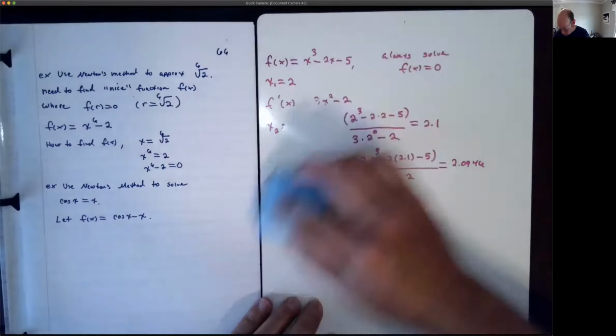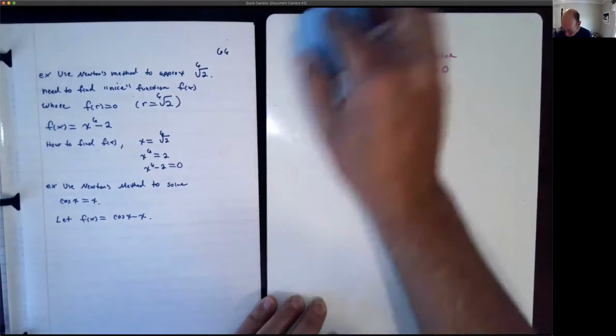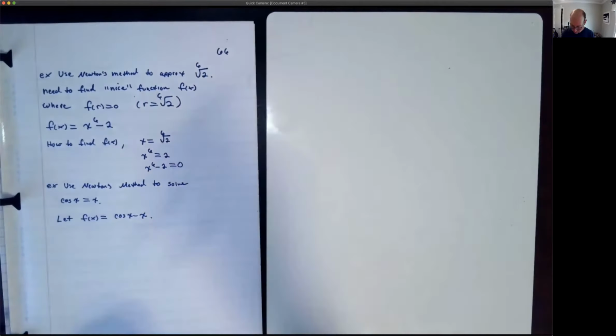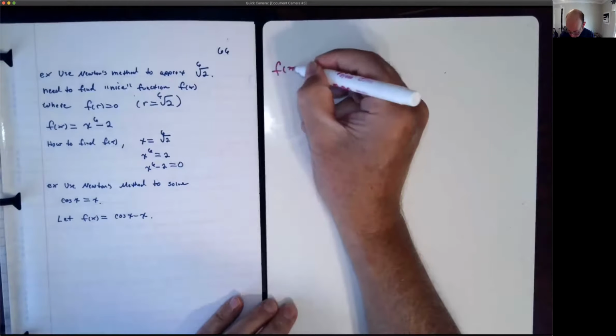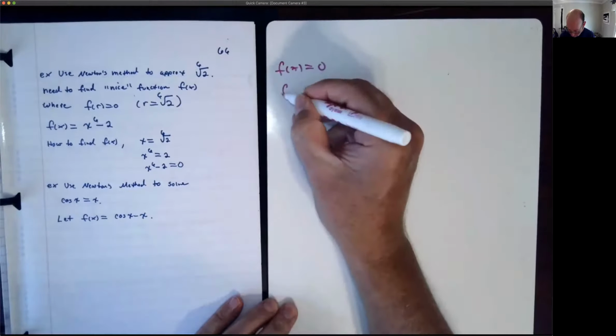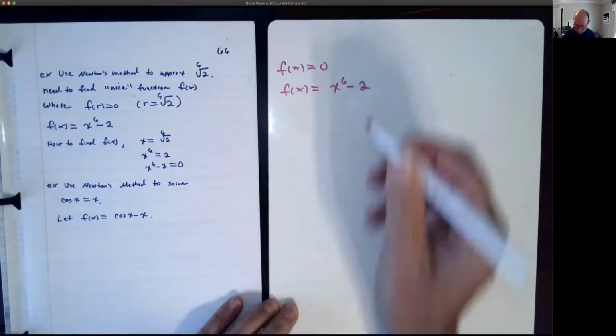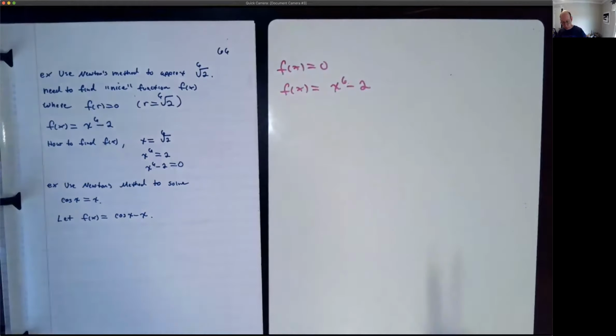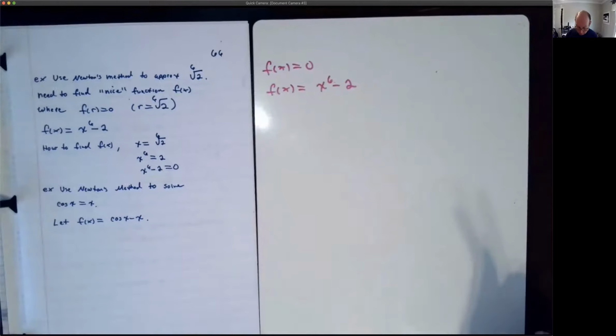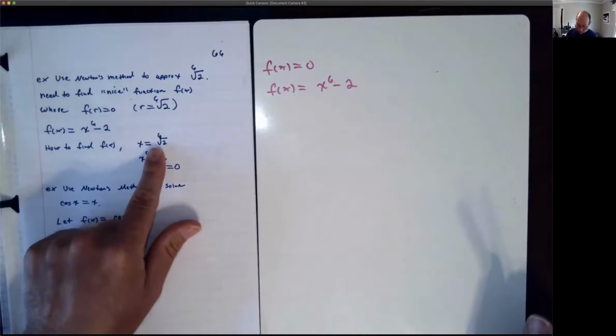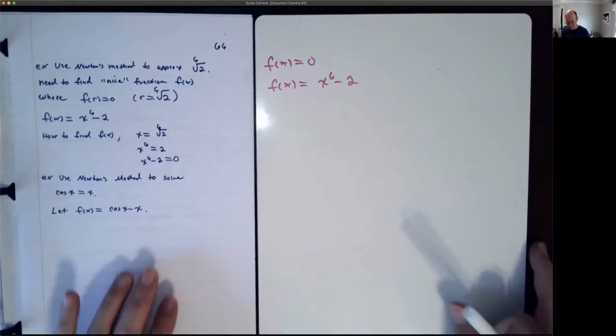What we want is f of x equal to 0. So f of x is x to the 6 minus 2. All right, so why don't you pause the video for a couple minutes, come up with your own first guess, and see if you can get this to work out.